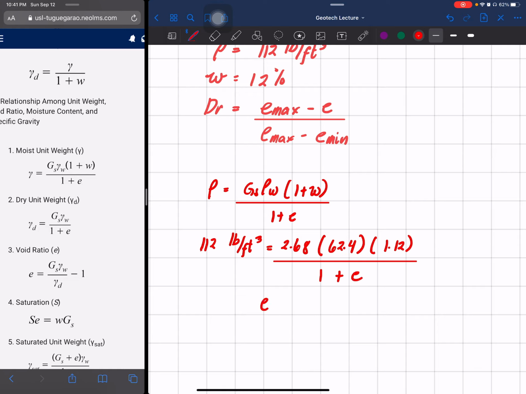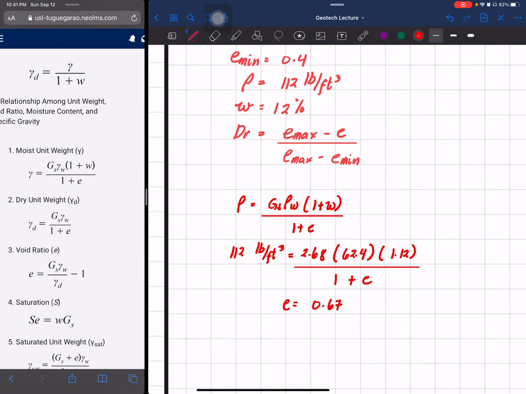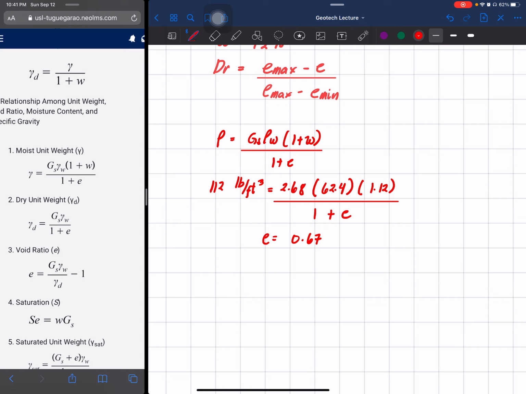Okay, so what is now the value of the E? Okay, let's calculate 1.12 multiplied by 1. X must be equal to 2.68 multiplied by 62.4, 1.12. So I think the E here is 0.67. Okay. So, meron tayong E, we can now compute for the DR. Okay.